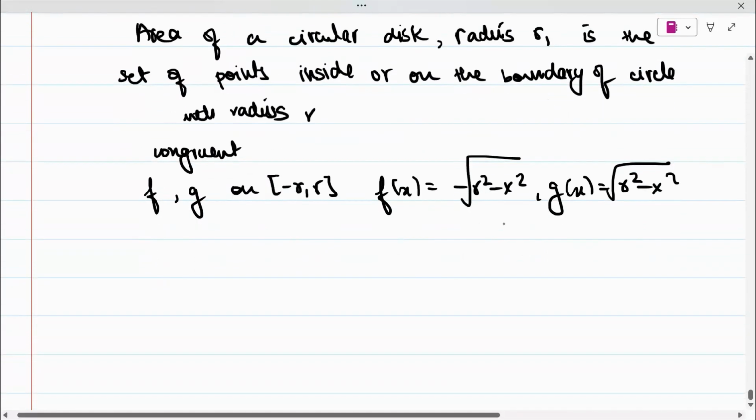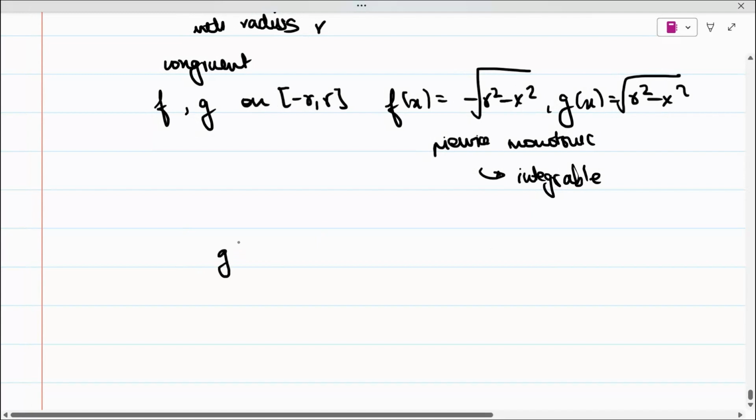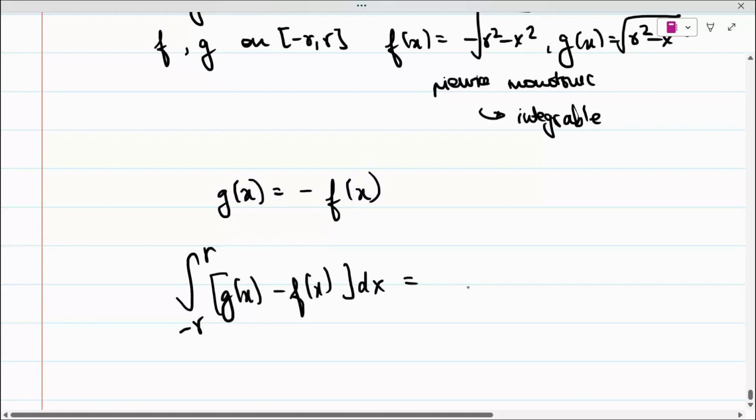Now these are piecewise monotonic functions, so hence they are integrable. I don't know if I'm pronouncing that right. But also g of x equals minus f of x. So now we find the area from minus r to r, g of x minus f of x dx, which will be equal to 2 times the integral of g of x.